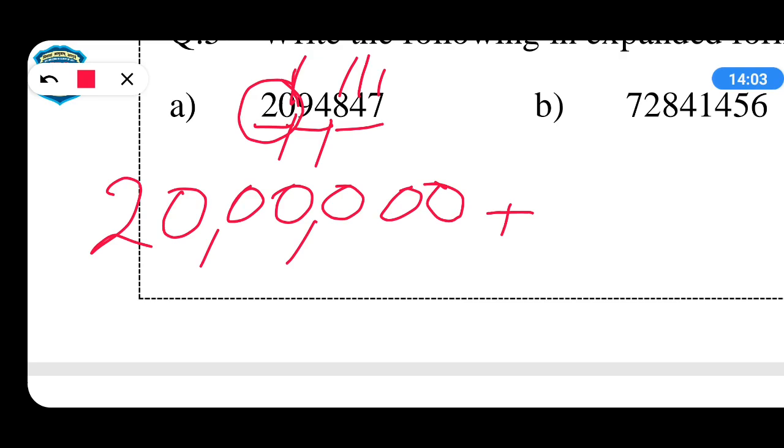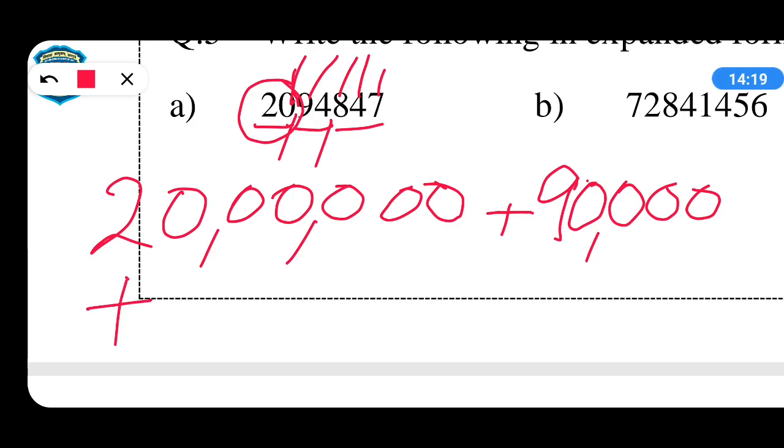So you can leave the 0. The next is 9. It is on 10,000 place. So 90,000. Right? Then next is 4. 4 is on 1000 place, so 4,000. Right? Then the next is 8. 8 is on 100.